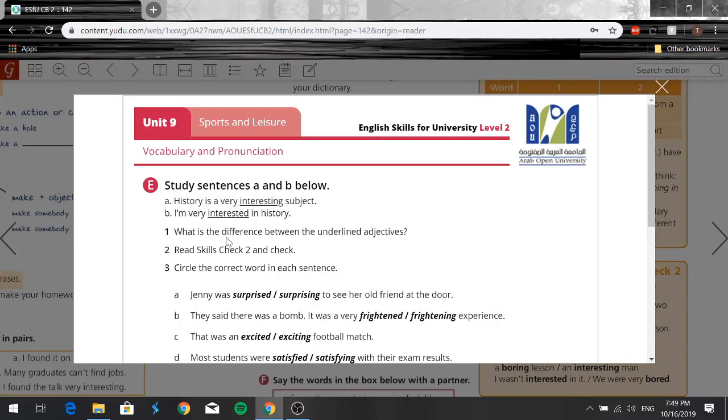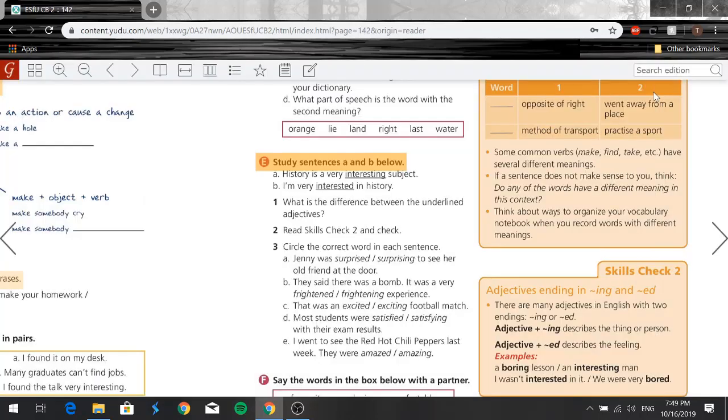So we have study sentences A and B below. So we have A, history is a very interesting subject. B, I'm very interested in history. Okay, so we have 1. What is the difference between the underlined adjective? Well, we already said. The first interesting here, we're simply talking about describing a thing or a person.